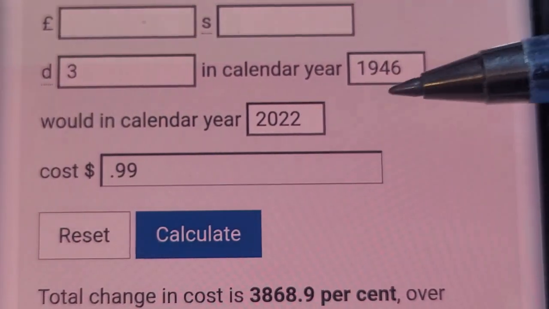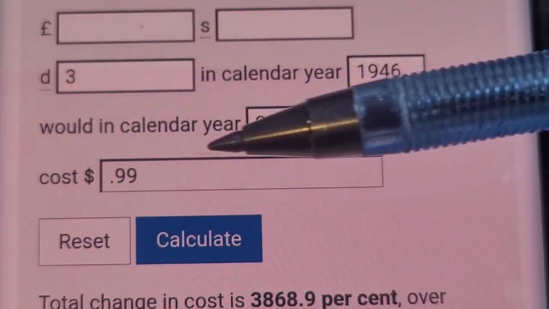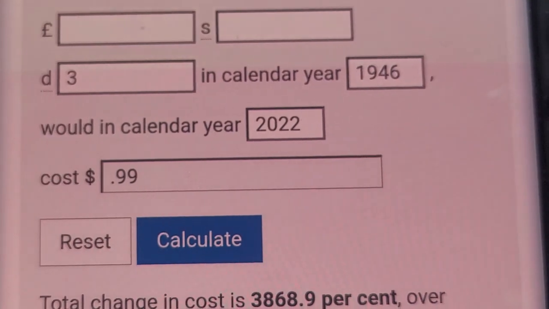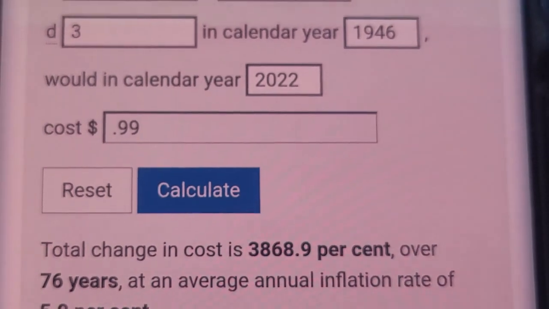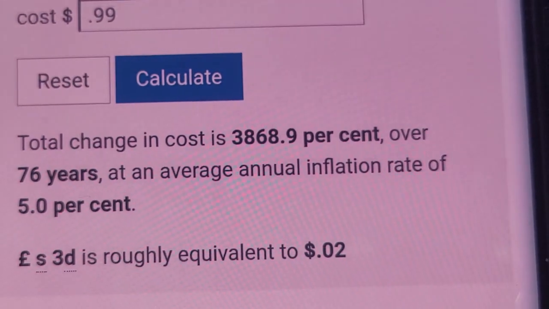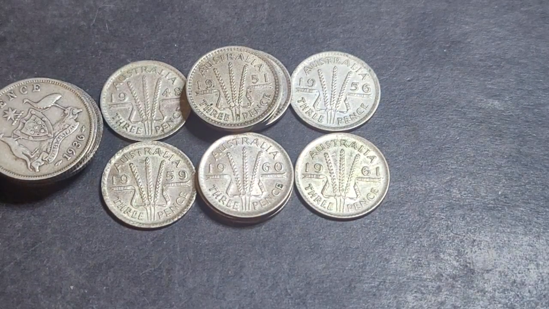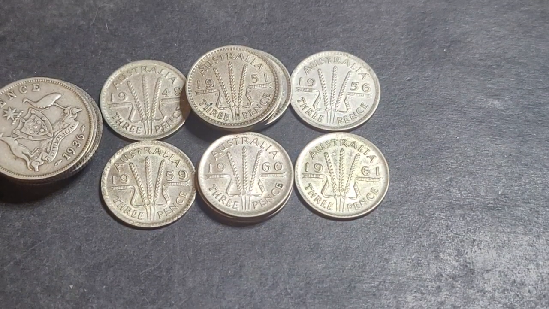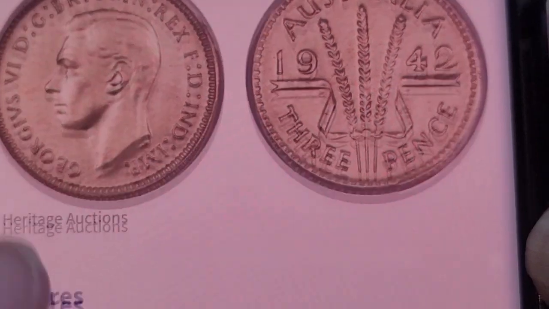But in 1946, the threepence coin in last year's money was equivalent to $1. But I'd probably just double that, so I'm going to say it's equivalent to $2, because I just don't really trust the Royal Australian Mint. I don't trust any of the government departments, really. And is anyone surprised? Then we need to look at the mintages during the Second World War.